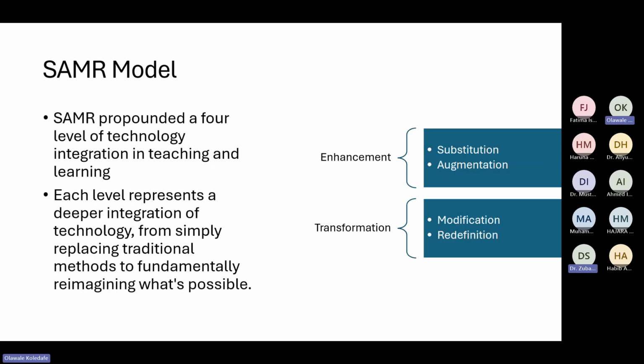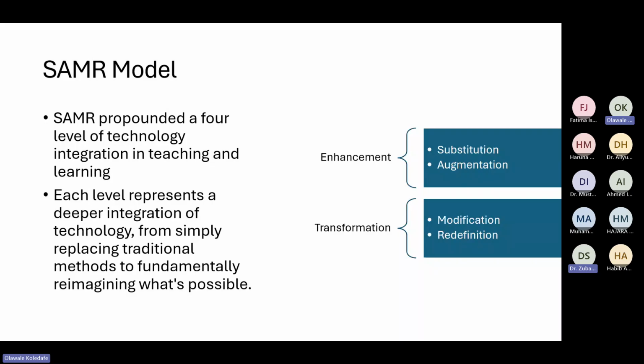Now, let's take an instance. Okay, before getting to the instances, let's look at the model. If you look at the right hand side of the screen, you see the first 2 stages. The first 2 stages are also referred to as the enhancement stage, where you are enhancing the current system.